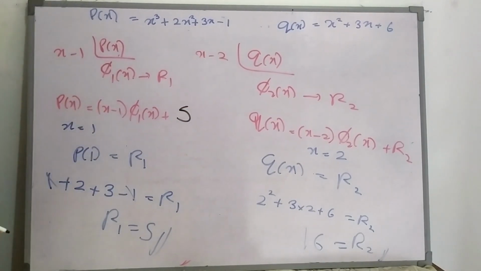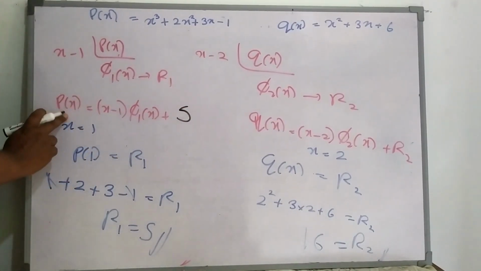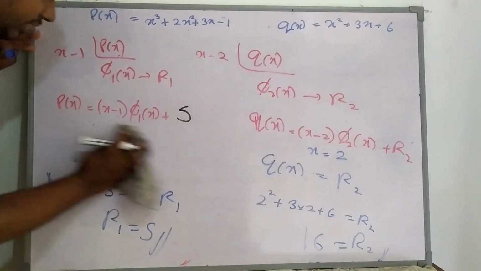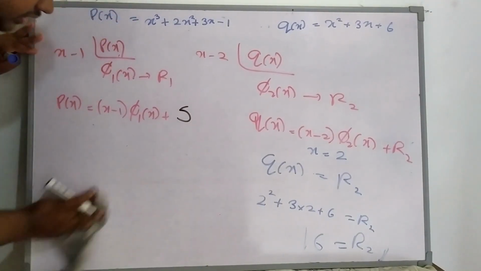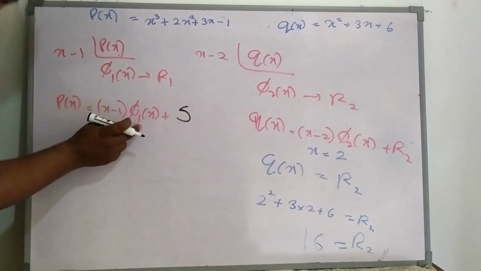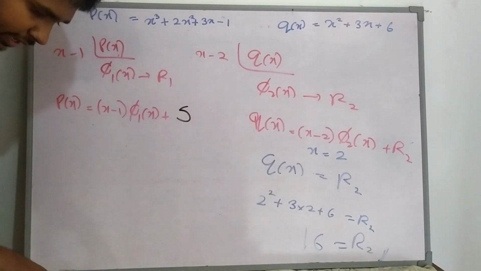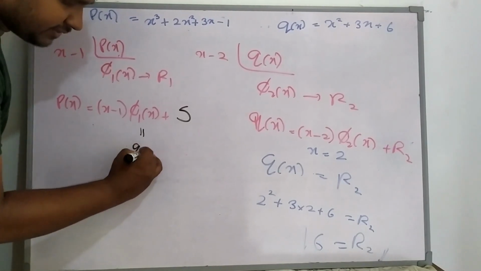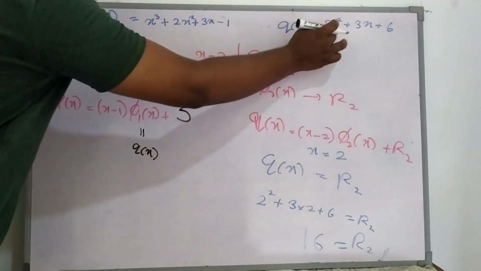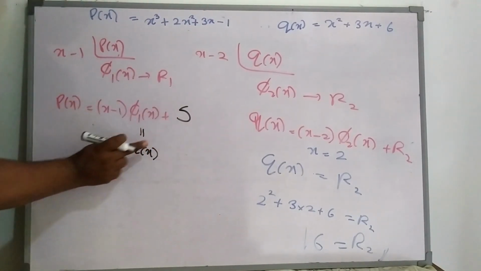So P(x) is (x minus 1) into psi 1(x) plus 5. So what happened here, can you see, if psi 1(x) equals Q(x), then the expected answer will come, right? So what you have to do is show psi 1(x) equals Q(x).